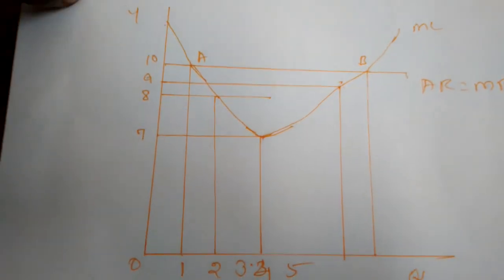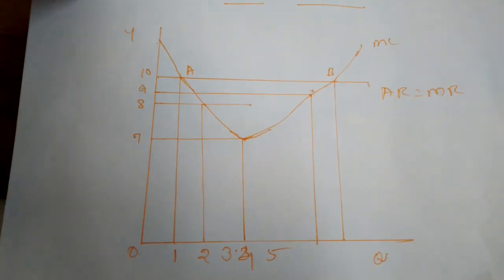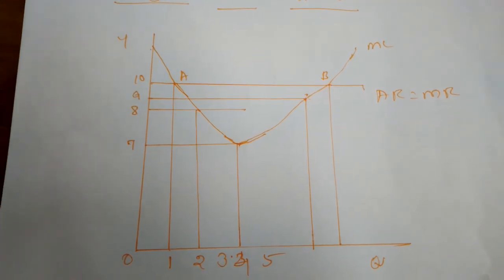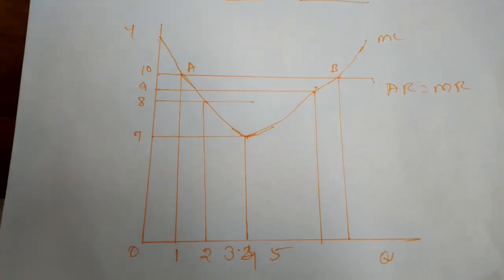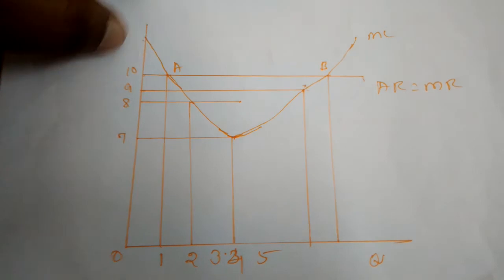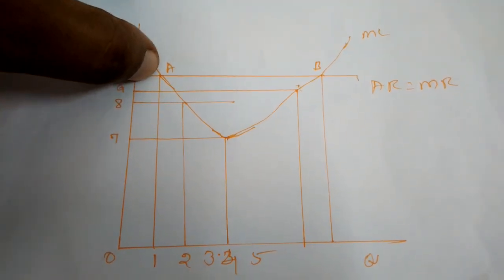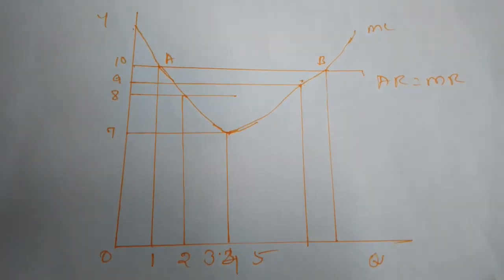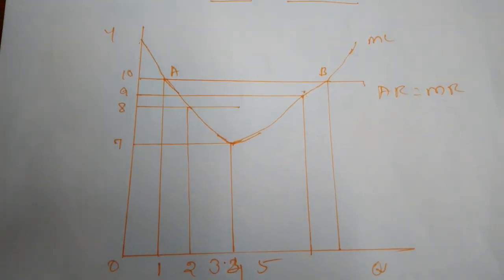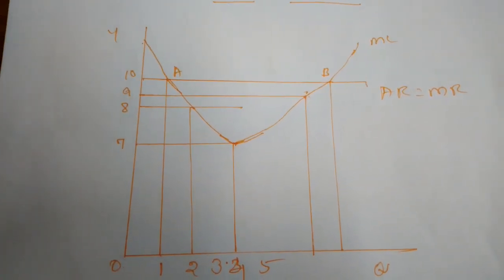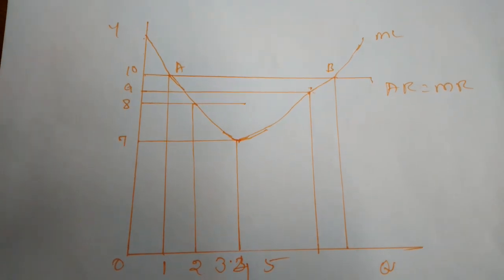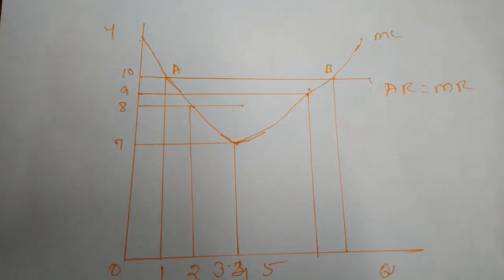So marginal cost equal to marginal revenue is not the sufficient condition, it is the necessary condition. If the marginal revenue is equal to the marginal cost, he will get a little bit of profit.